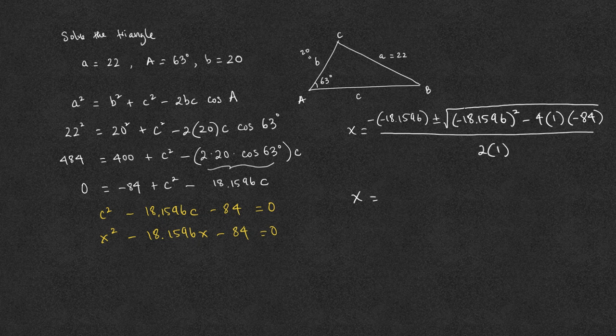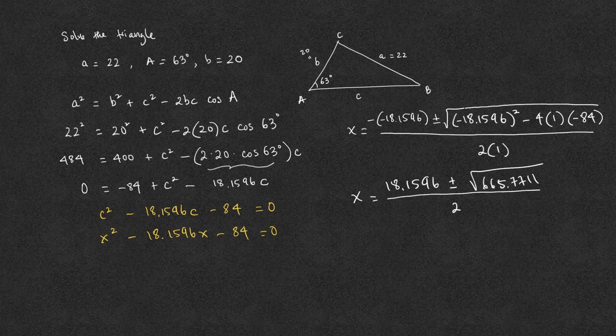This is positive 18.1596 plus or minus the square root of 18.1596 squared minus 4 times negative 84, which is 665.7711. In the intermediate step, we round it to 4 decimal places just in case.